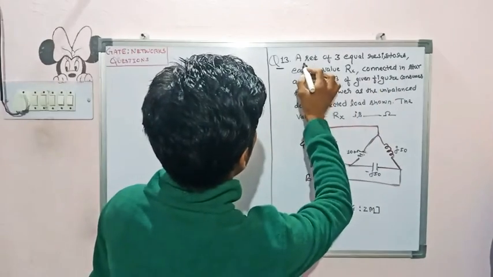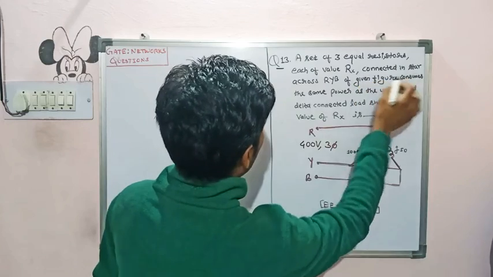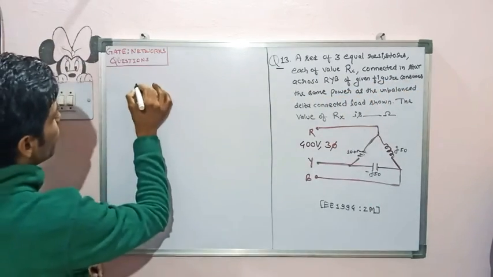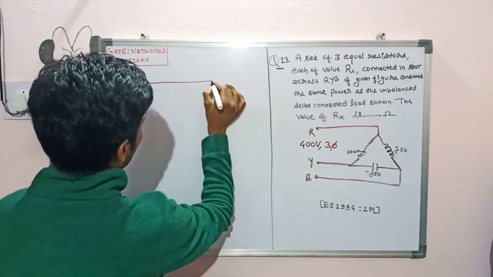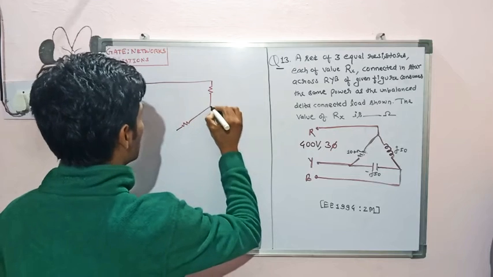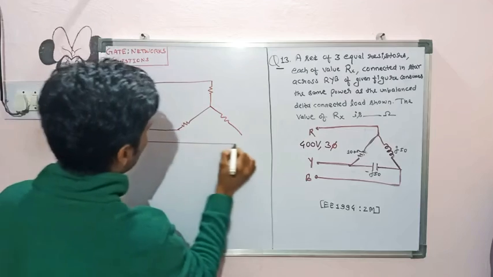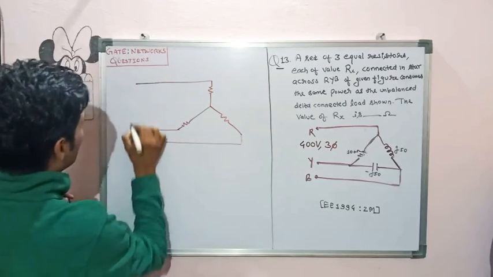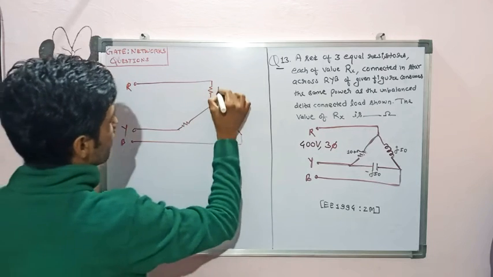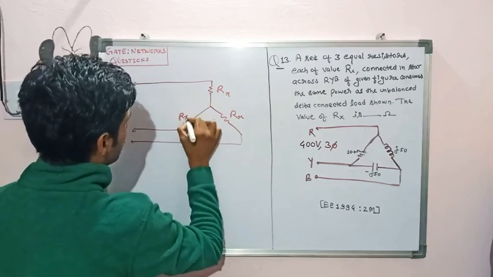The first thing, a set of 3 equal resistors, each of value Rx, connected in star across RYB of the given figure. Let us draw a figure with star connected load, each of value Rx. This is R, Y and B, with Rx, Rx and Rx.